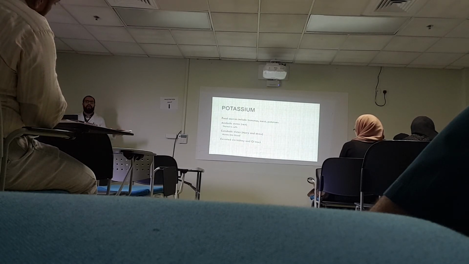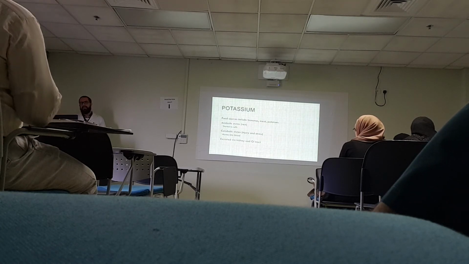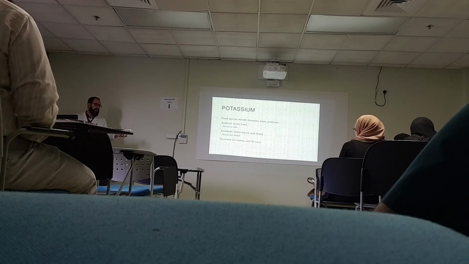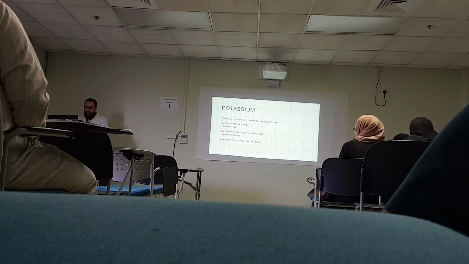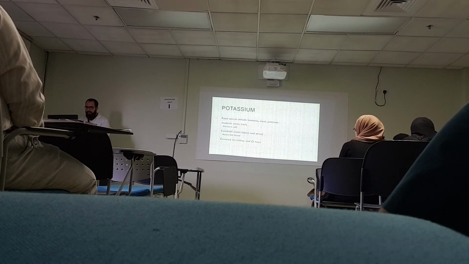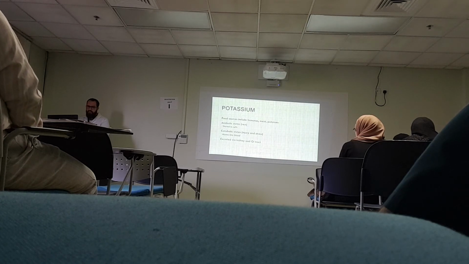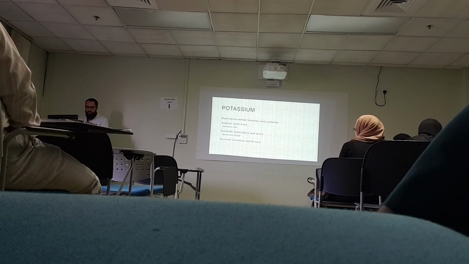The patient will have hyperkalemia. It's not like you give him potassium. No, he already has potassium, but it moved from intracellular space to extracellular space. Okay? Catabolic states, during injury, it moves from inside injured tissue to the blood.